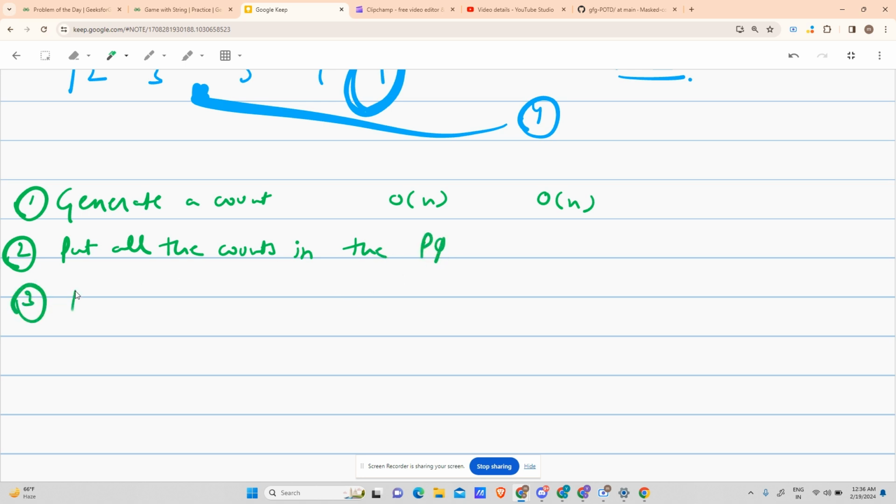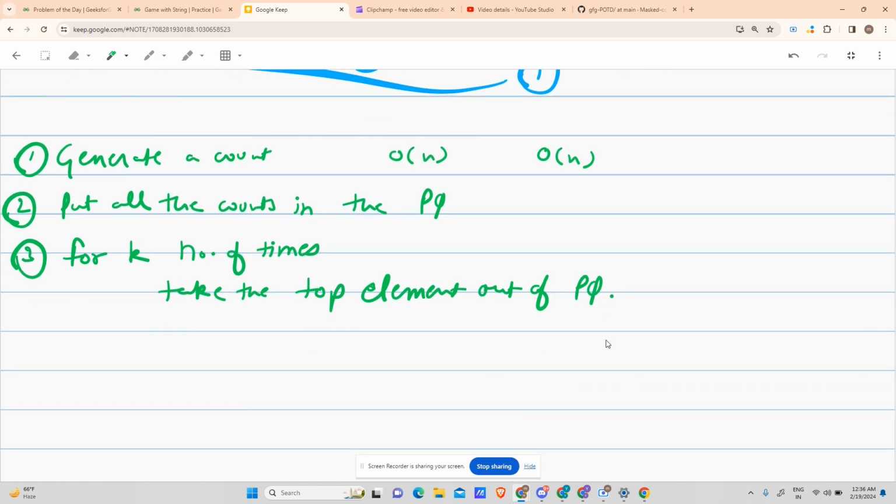Now my third step says, for k number of times, take the top element out of the priority queue, that is, take it and then pop that element out of the queue.